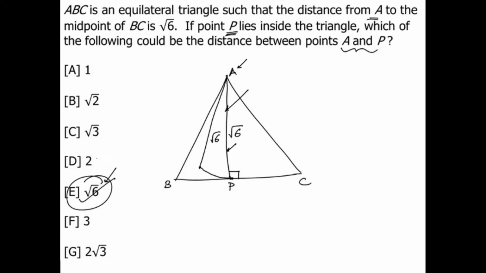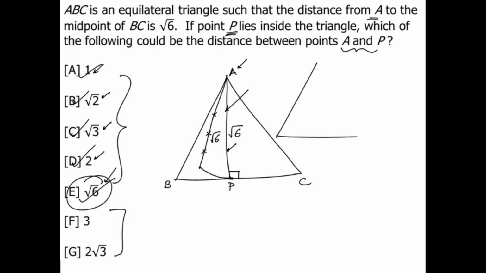And you'll notice that square root of 6 exceeds all 4 of these values. And those could be points that are here on that same line, but closer to A. So we know that all 4 of these are acceptable. The question then is, what about the last 2? And that has to do with figuring out what the length of the side of this equilateral triangle is.